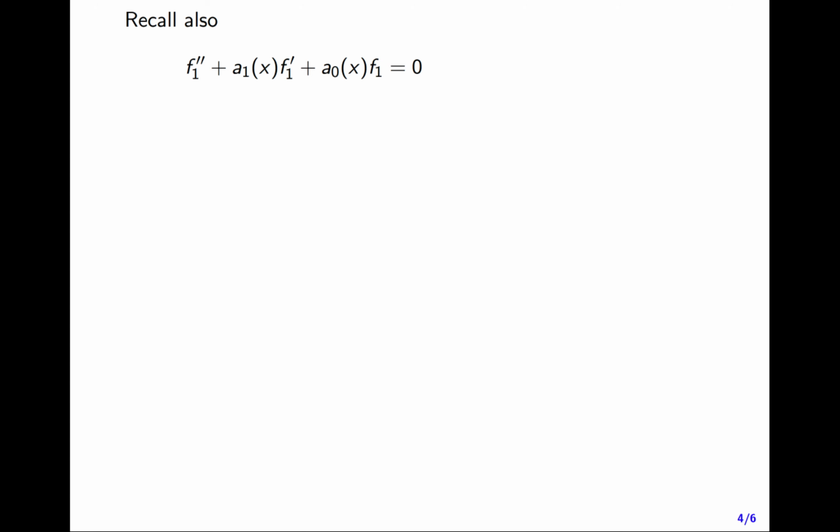Recall also at the very start of our theorem, we assumed that f1 and f2 weren't just any functions. They solve the same differential equation: f1 double prime plus a1 of x f1 prime plus a0 of x f1 equals 0, and so does f2 double prime plus a1 of x f2 prime plus a0 of x f2.